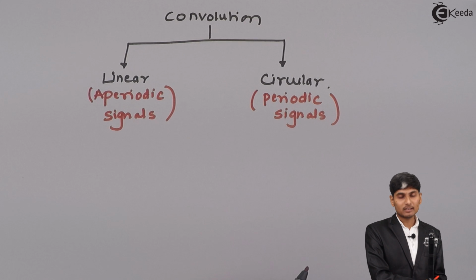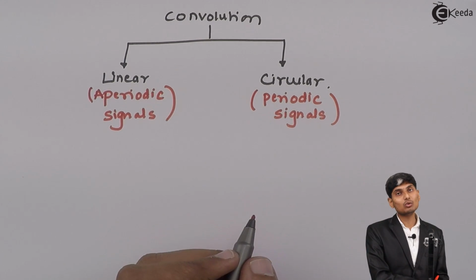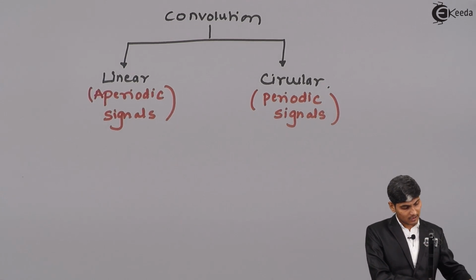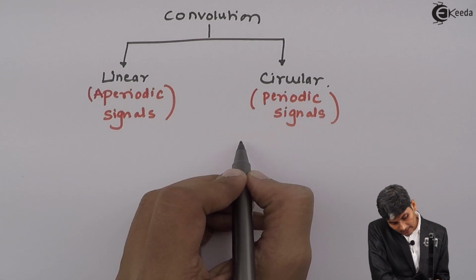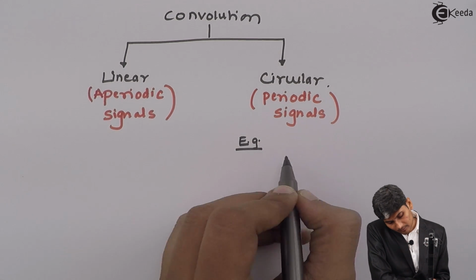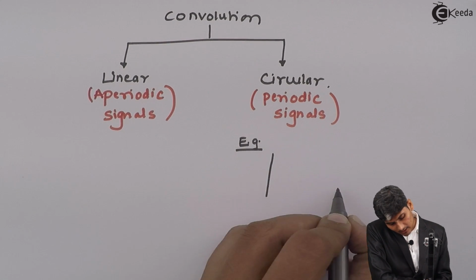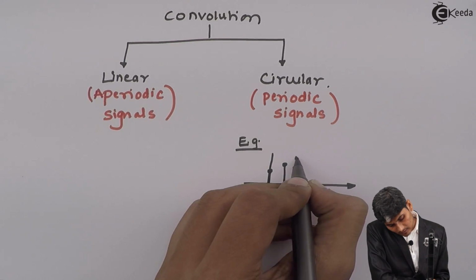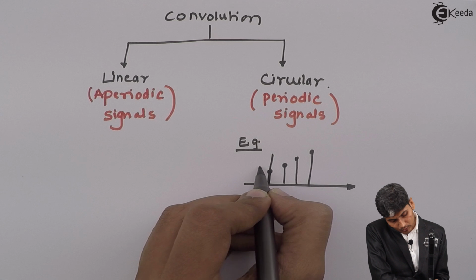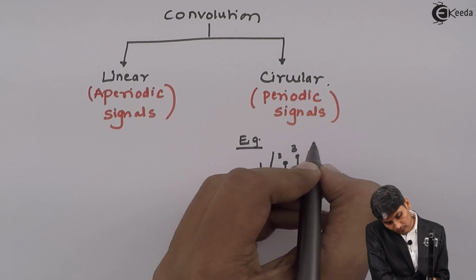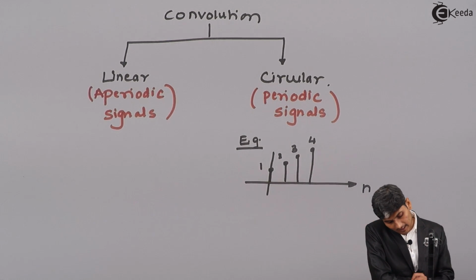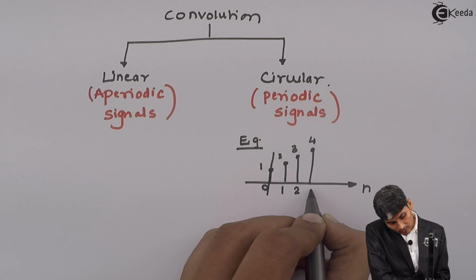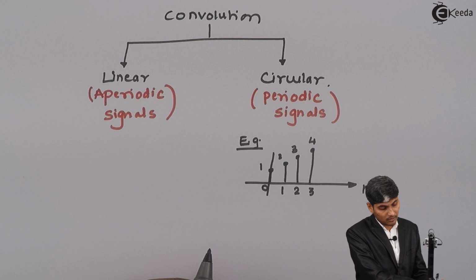What do we mean by periodic signals? Periodic signals are those signals which repeat themselves after a certain period. I will draw one example so that you will understand. Say I have a signal with amplitude 1, 2, 3, 4, on the x axis I have n, with n equal to 0, 1, 2, 3.